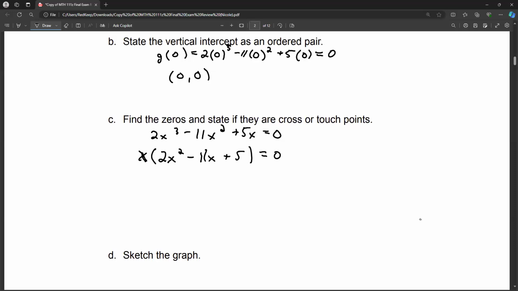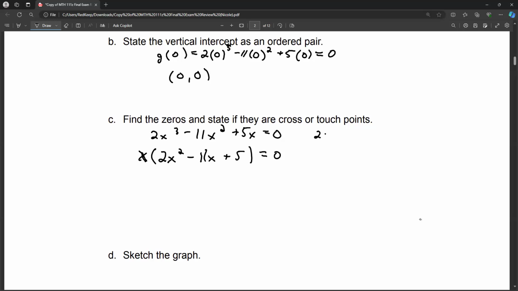So let's see, what can we do here next? If we wanted, we could use, for example, the quadratic formula, if you'd like. I'm going to go ahead and just show the factoring method again. Since the leading coefficient of the expression inside the parentheses is greater than 1, it's 2, I'm going to use the AC method.